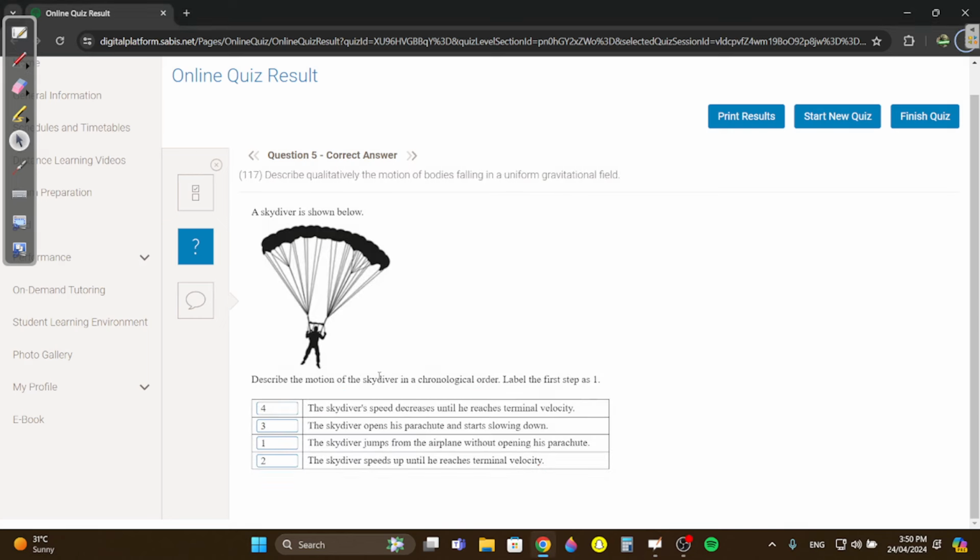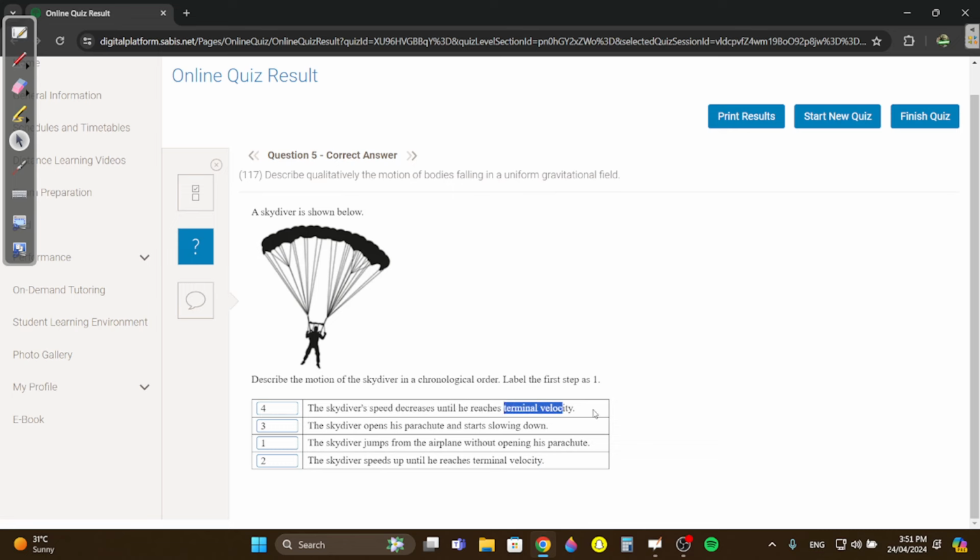Question 5. Describe the motion of the skydiver in chronological order. The first thing he does is jump from the airplane without opening his parachute. He doesn't open it as soon as he jumps out of the plane. He waits until he speeds up and reaches his terminal velocity. After he reaches that terminal velocity, he opens his parachute. Once he opens it, he keeps slowing down until he again reaches terminal velocity.